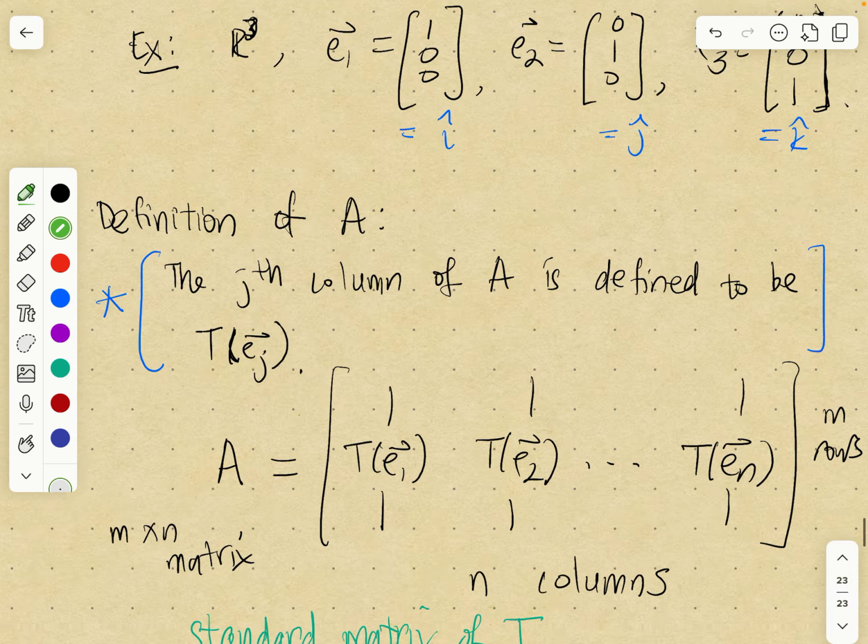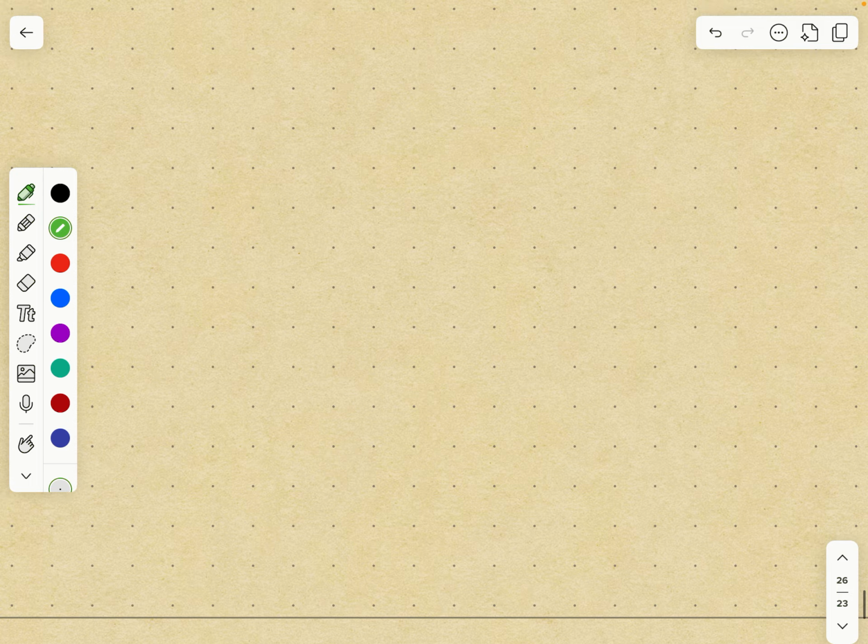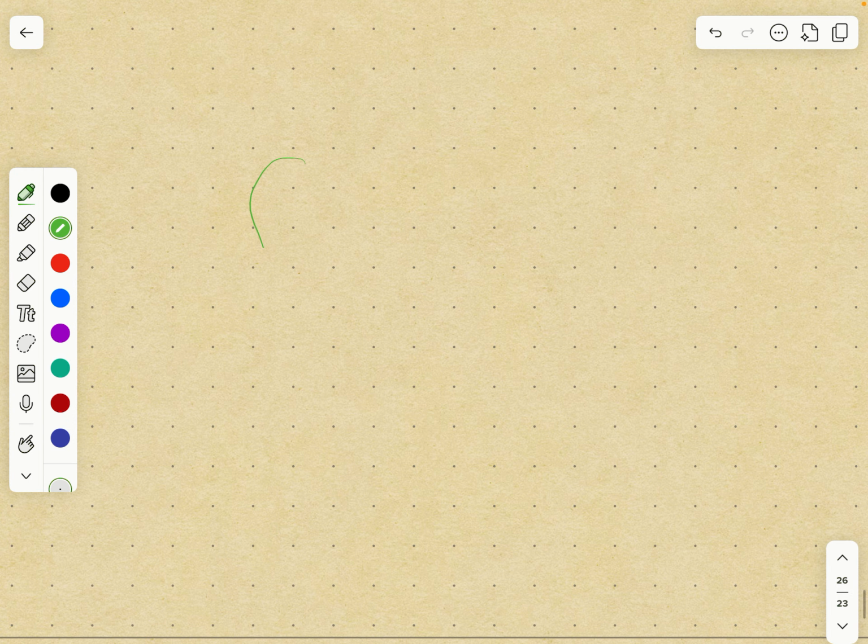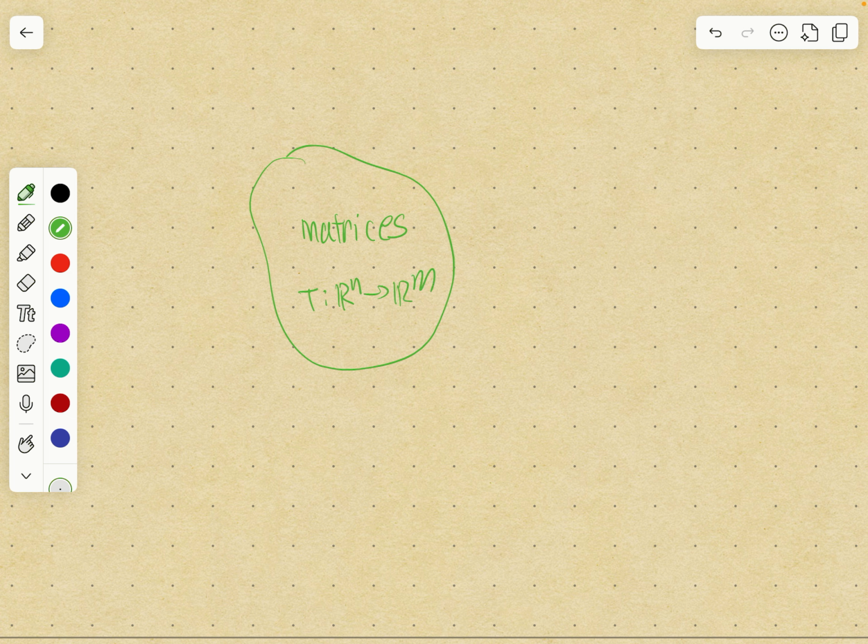So here's a little diagram. Here are matrices, the matrix-vector multiplication. And this you can think of as linear transformations from Rn to Rm. But then you have all these other linear transformations.